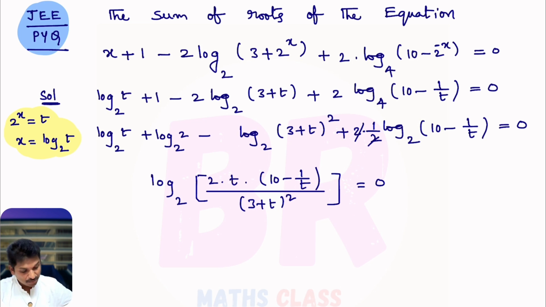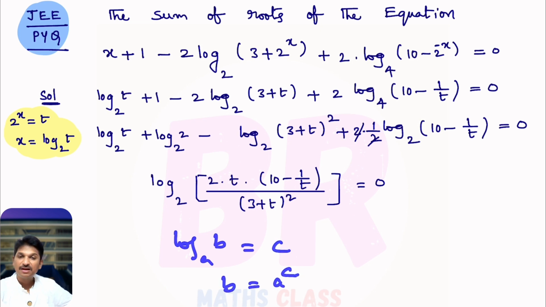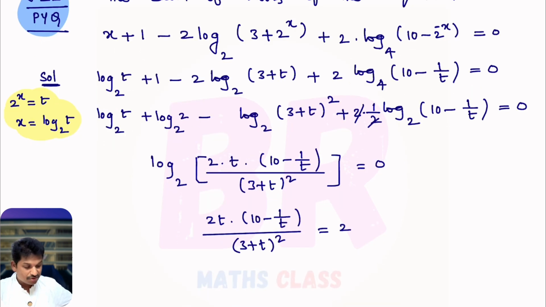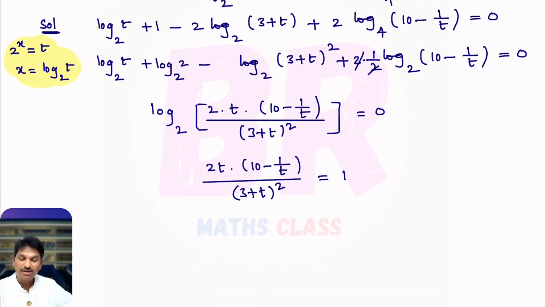Now you apply, see this log b base a equal to c is there. Then b can be written as a power c, right? So this equals 2 power 0. 2 power 0 value is 1. Now cross multiply and simplify this. What you will get? 20t minus 2t equal to 3 plus t whole square.